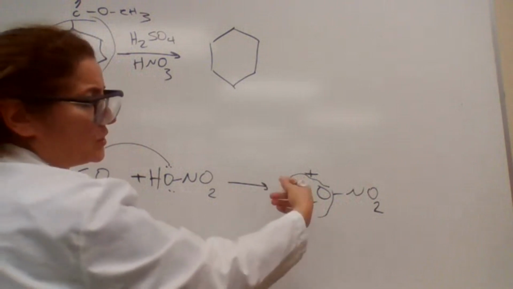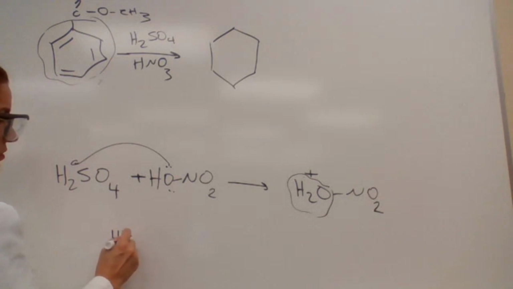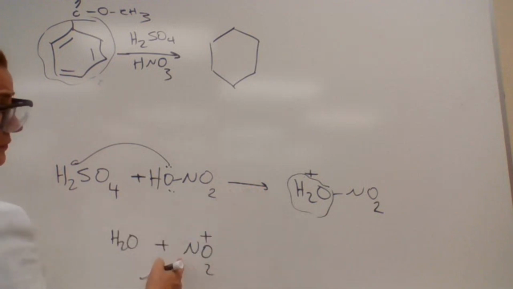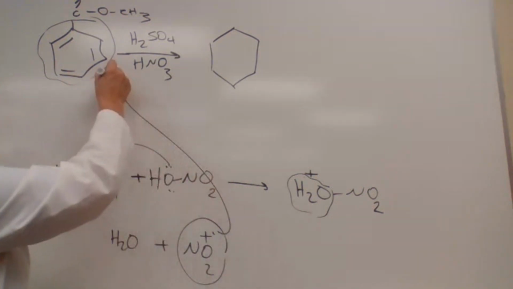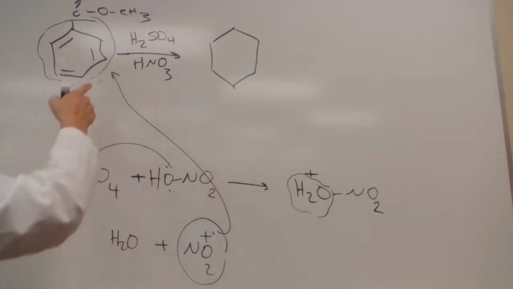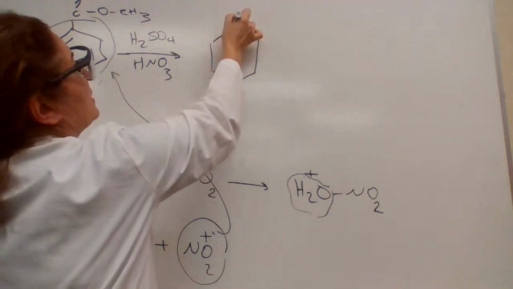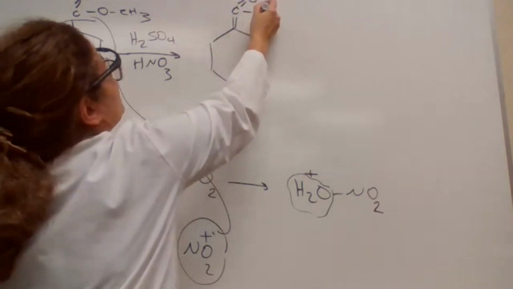So the plus charge would stay with the parent compound. In this case, the H2O is going to leave, and you end up with the NO2 plus. And this NO2 plus is going to act as your strong electrophile and is going to attack the benzene ring for substitution reaction only. It's not the addition reaction, it's the substitution reaction.